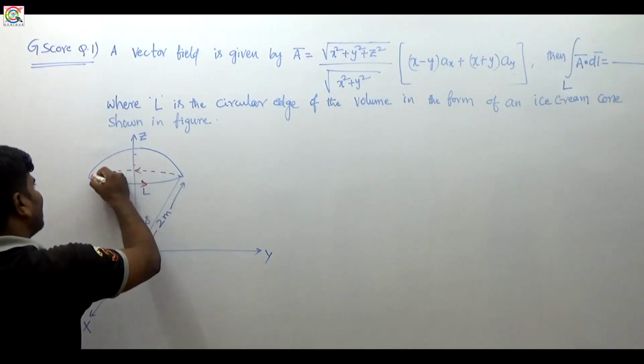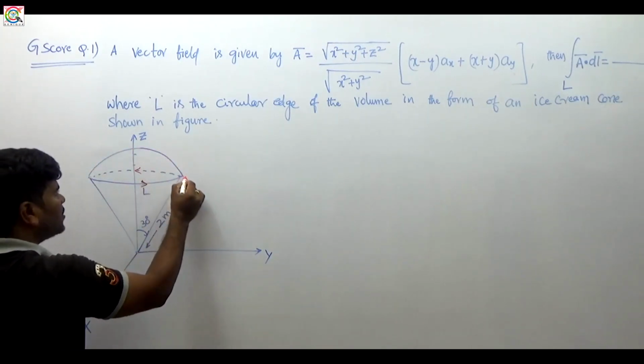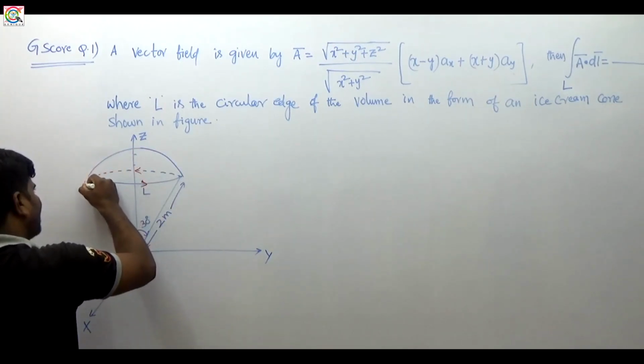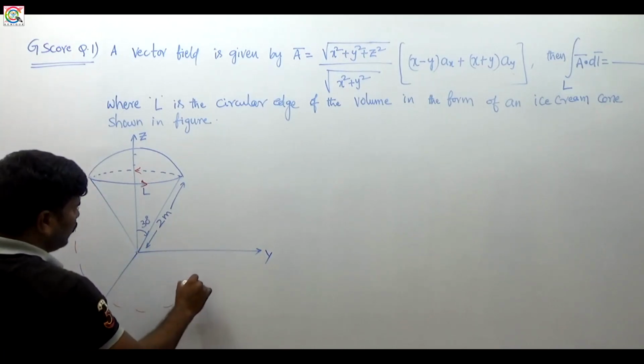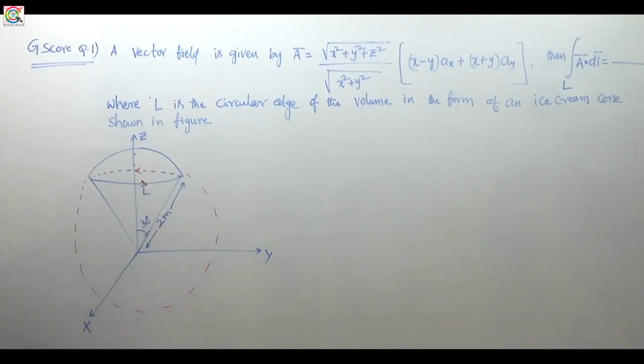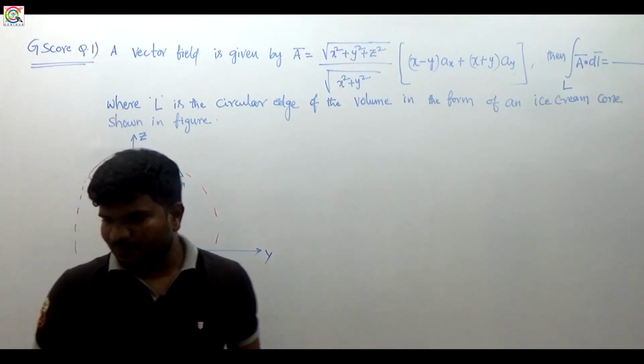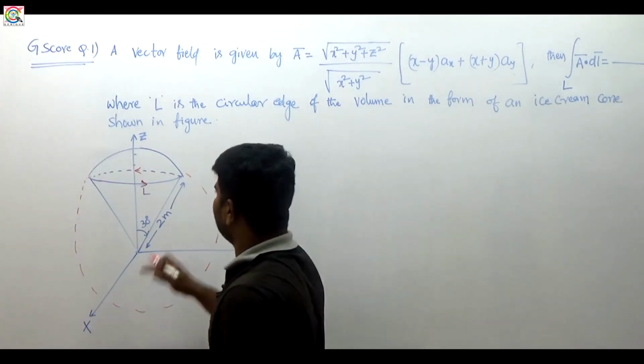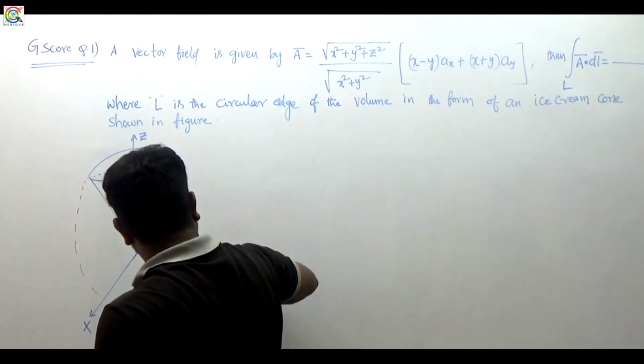Which kind of sphere? Let us suppose this is having a top surface. Now if you continue this line, it will have this kind of spherical surface.